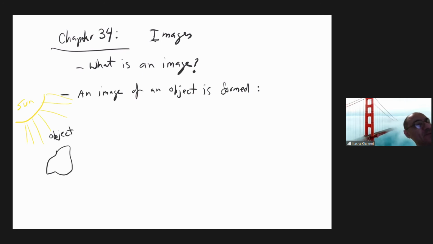One of these rays will hit one point on this object, and some other ray hits another point, and so on. But let's talk about one ray. What happens to that one ray when it hits that object at that one point?